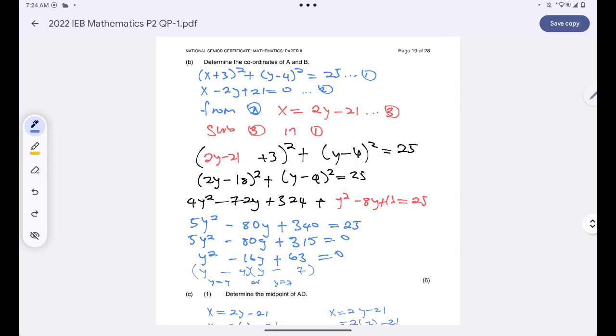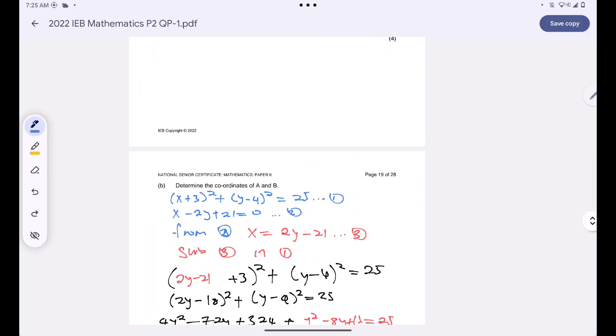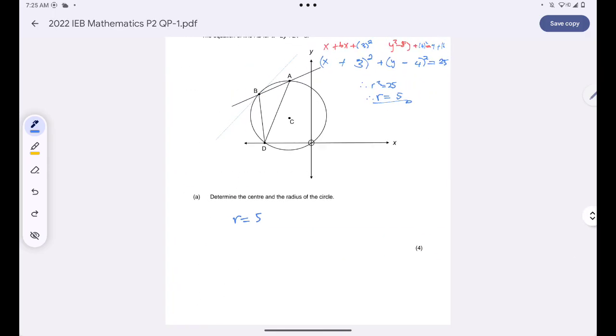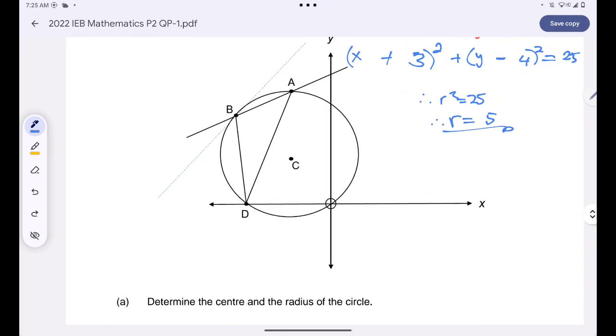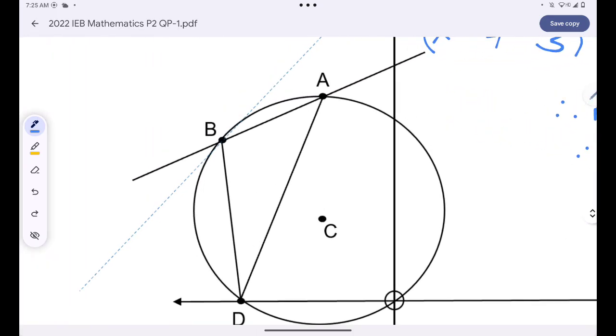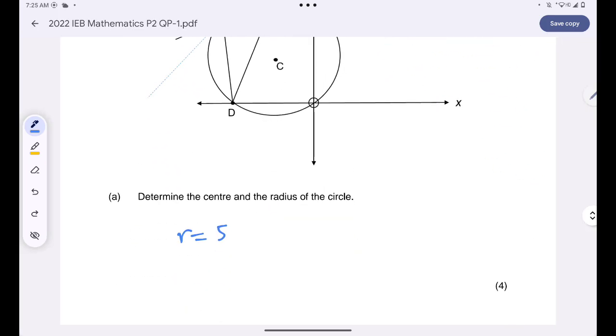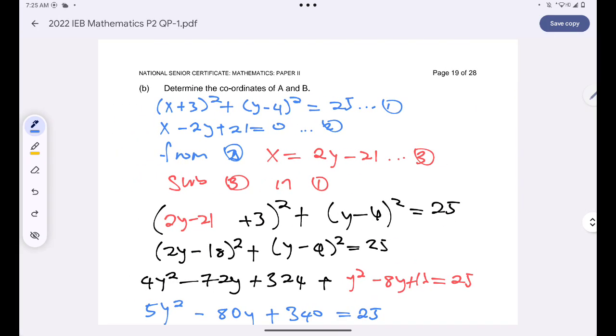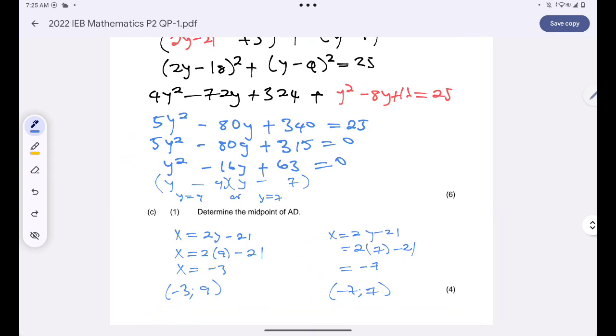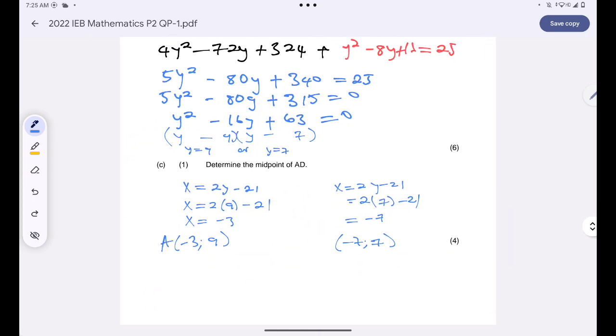So this simply means that the value of b is the one with negative 7 and 7, and the value of a is the one with negative 3 and 9. So to answer that question, this one represents a, this one represents b.